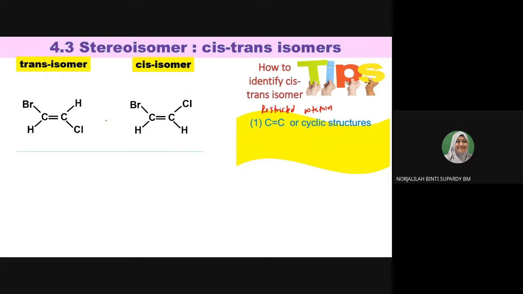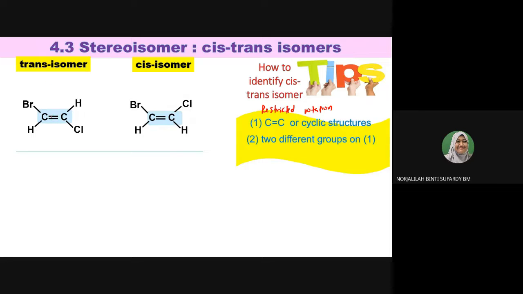It means that the carbon atom, you cannot twist or rotate. Okay, that is the first requirement. Then the restricted carbon contains two different groups of atoms. For example, we have the trans isomer.